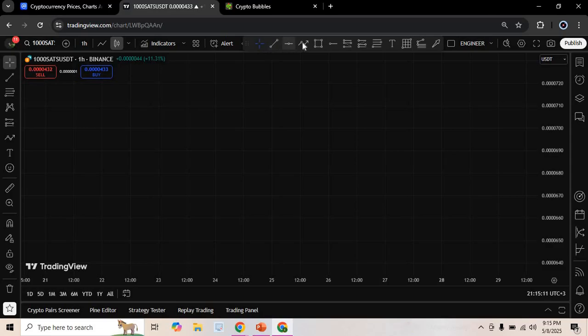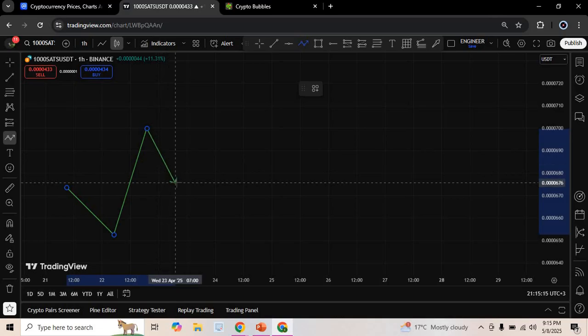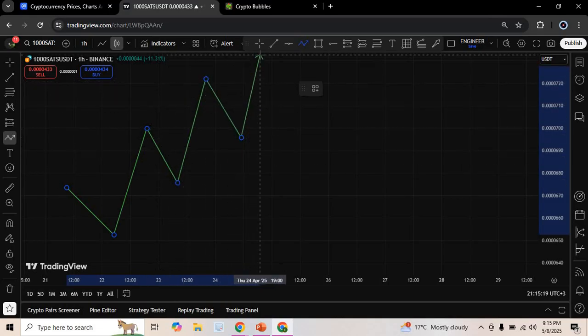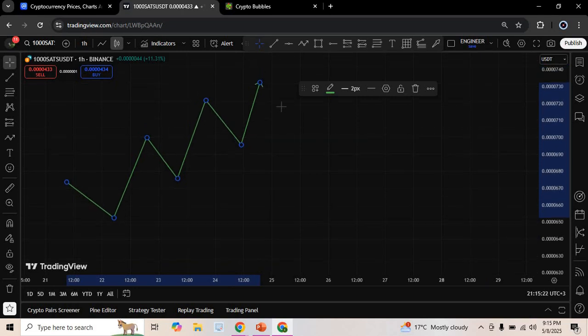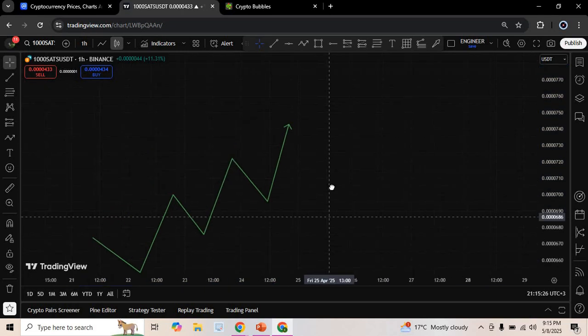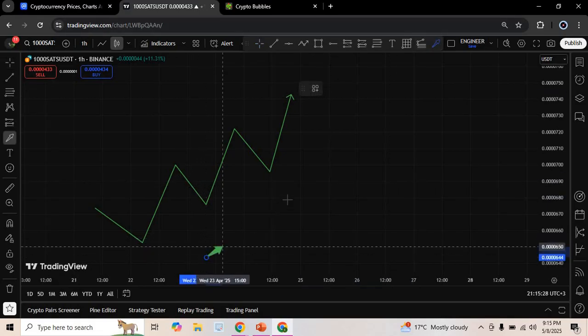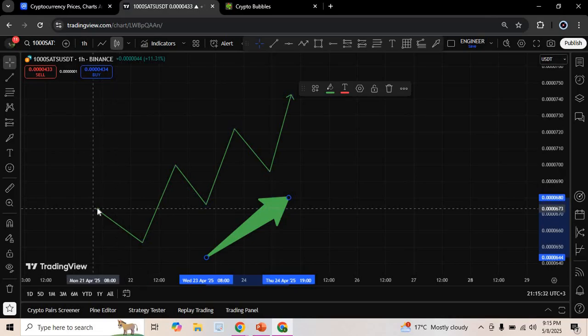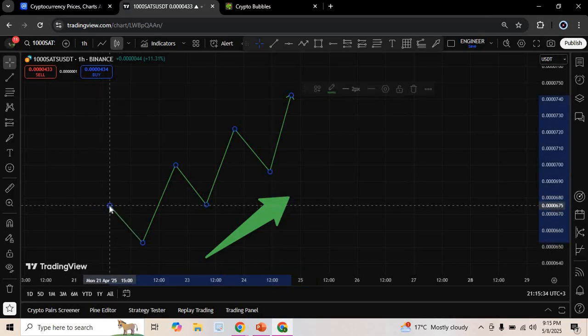So an uptrend, we'll have an uptrend like this, something like that. We are being told that an uptrend is made up of a series of higher highs and higher lows. So let's name these parts.